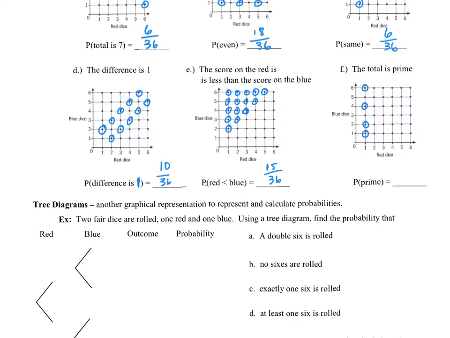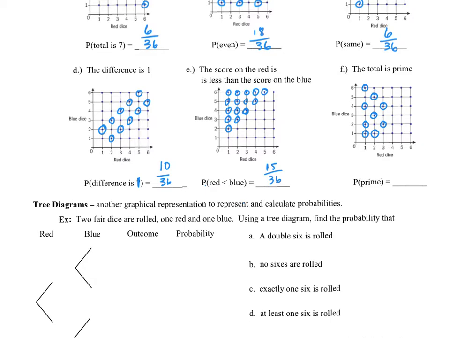If I roll a red 2 and a blue 1, that would be prime. A red 2 and a blue 3 is prime. A red 2 and a blue 5 is prime. And then when I roll a 3 and a 2, that's 5, so that's prime. And then 3 and 4 would be prime. 3 and 6 is not prime because that's 9, and that's not prime.